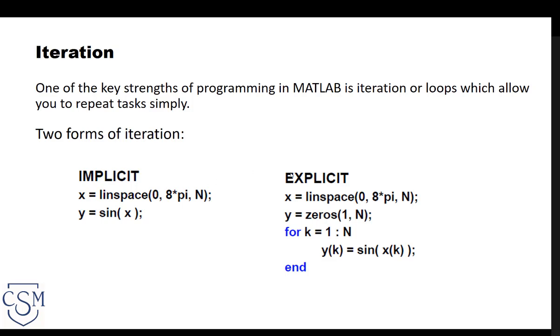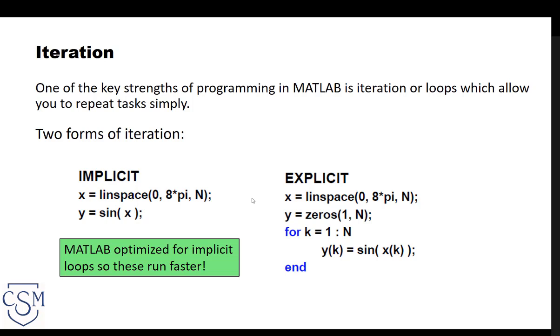The other form is explicit iteration, and that's what we'll be talking about in detail today. I could, for example, do the same thing as linspace by making this an explicit array. Here I've made x with the traditional implicit method using the function linspace, but I can also do a loop, and we'll explain how this loop works.